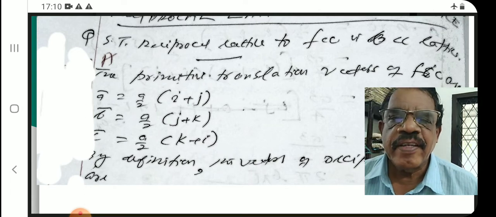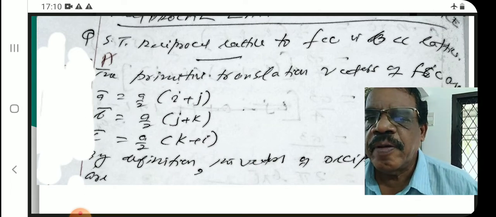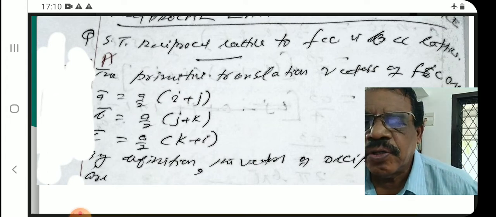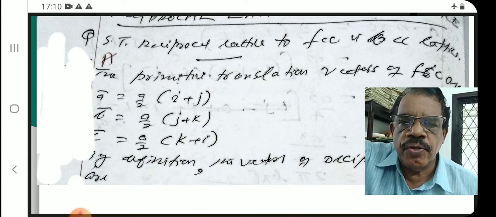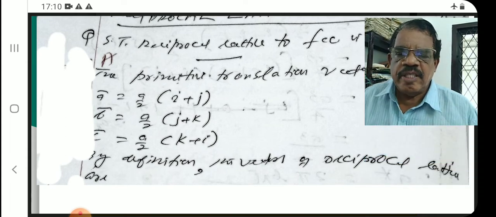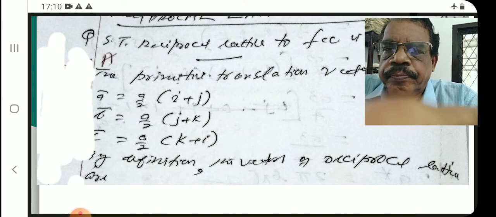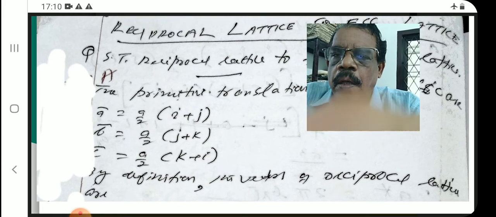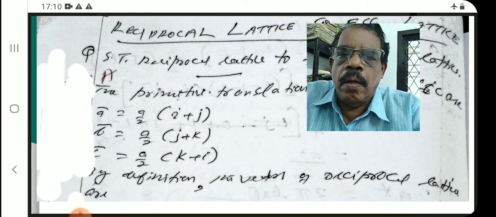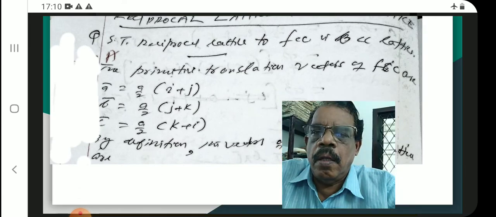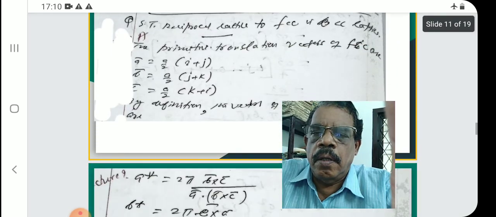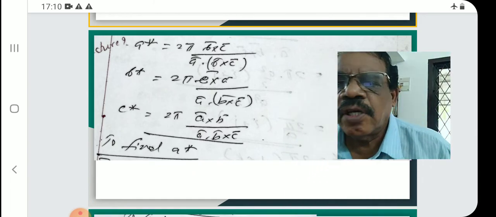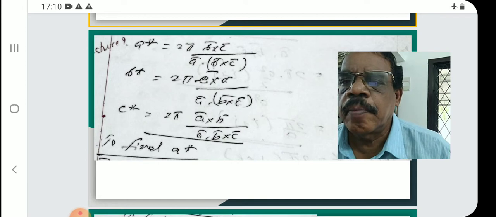The primitive translation vectors of FCC are: a vector is equal to a by 2 into i plus j, b vector is a by 2 into j plus k, c vector is equal to a by 2 into k plus i. By definition, the vectors of the reciprocal lattice are a star is equal to 2 pi b cross c by a dot b cross c.